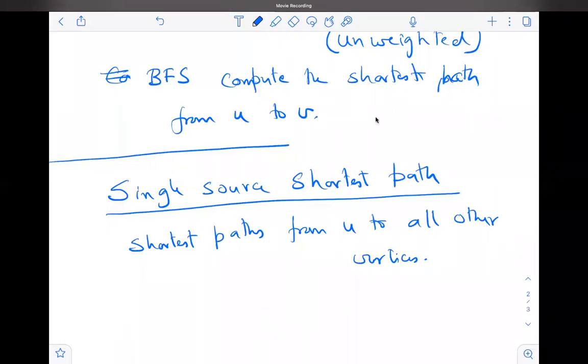So for example, say someone wants to go from ISI to Sealdah station. In that case, we should look at only the routes that go through Calcutta. Why should we look at routes that go to some different city? And Google kind of does that.